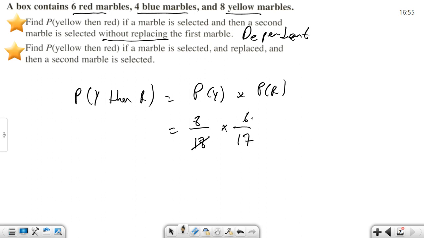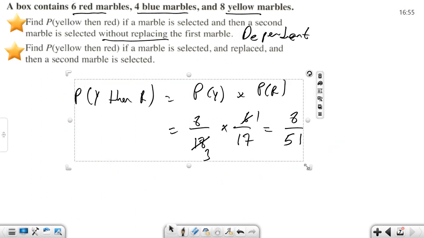Let's simplify it. 18 and 6 divided by 6: 1 and 3. That's 8 over 51, the probability of yellow then red without replacing. Be careful, without replacing makes it dependent.